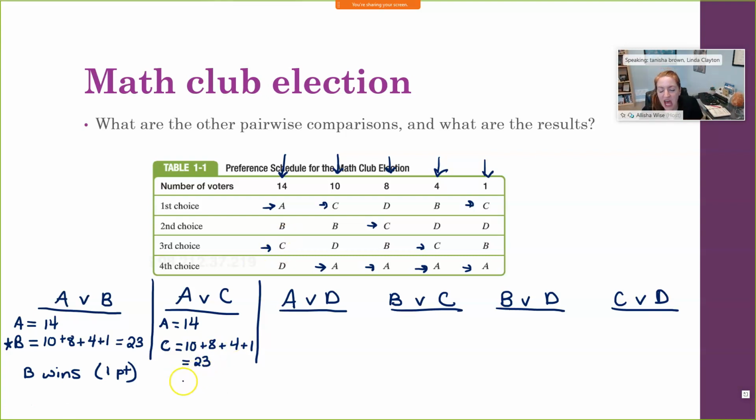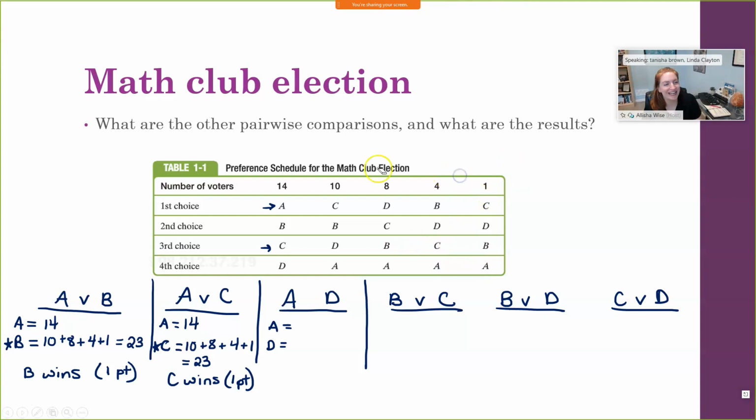Let's keep doing this. So you can see here that C wins. We're going to give them 1 point for winning that battle. Cool. Let's do A versus D. A's always winning that one.